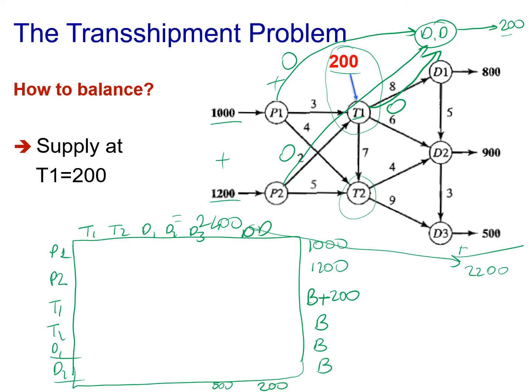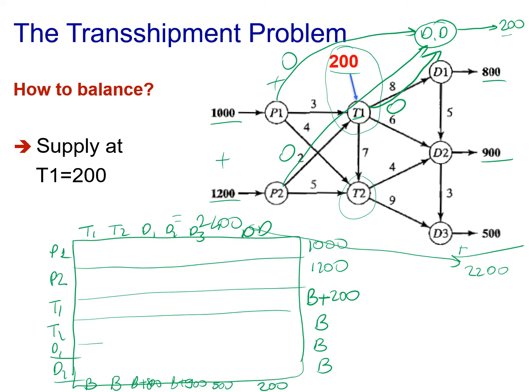T1 is a transshipment point, doesn't have any demand, so it will be only the buffer. What about T2? Again, there is no demand, only the buffer. D1 has a demand of 800, so it will be buffer plus its own demand. What about D2? Again, it is buffer plus its own demand. So this will be the transportation tableau corresponding to this example.